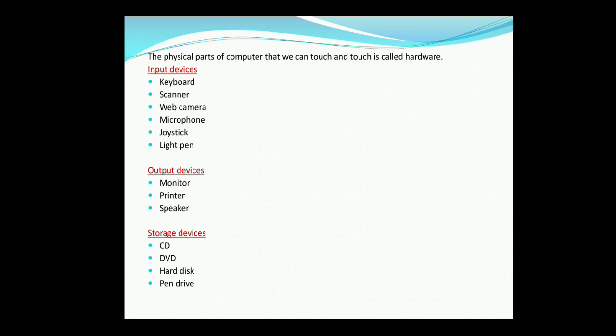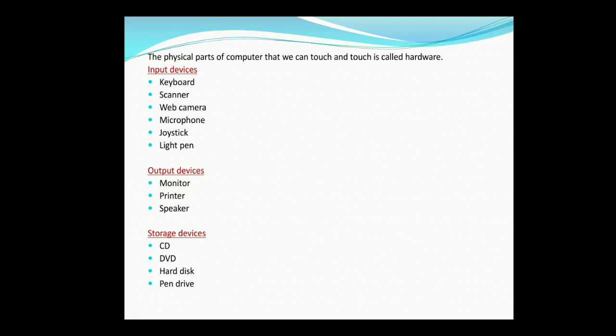Now we see output devices. Monitor. Monitor is used to display the processed information on the screen. And the processed information displayed on the screen is called soft copy. Now the printer. Printer is an output device that displays the output on a paper.